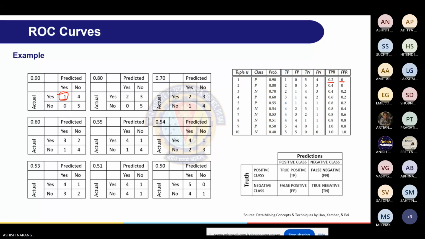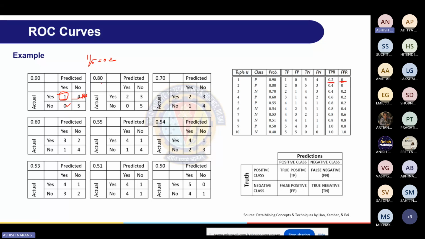Total, how many records are there? 5. But FN is high, you see. This is FN, right? Out of 5, which were actually positive, it is able to classify only 1. So 1 by 5 is 0.2, right? But my FN is also 0. Sorry, FP is also 0. So false positive is 0.